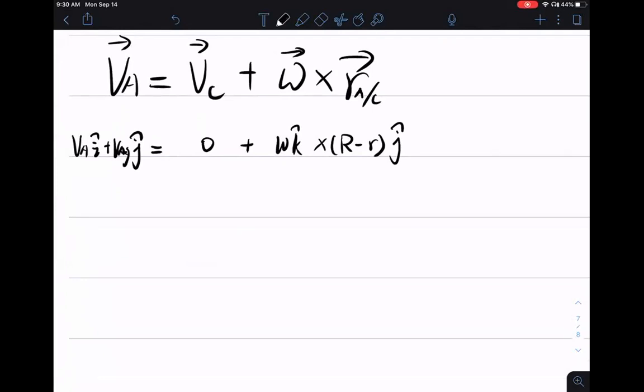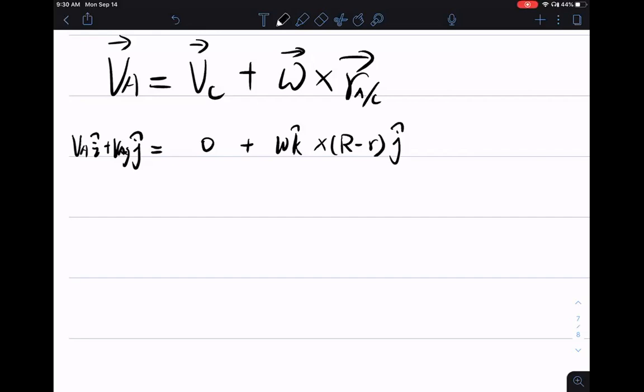So now let's all look at this. What is this? You have a vector on one side of the equation, you have another vector on the other side of the equation. That is called a vector equation. So when we have a vector equation, what should we do?